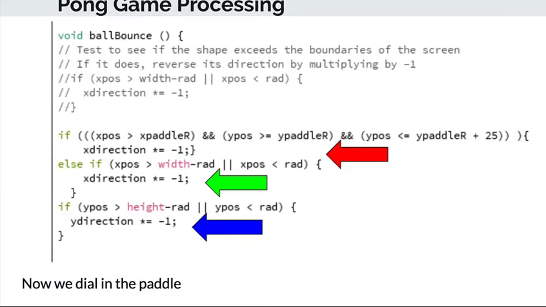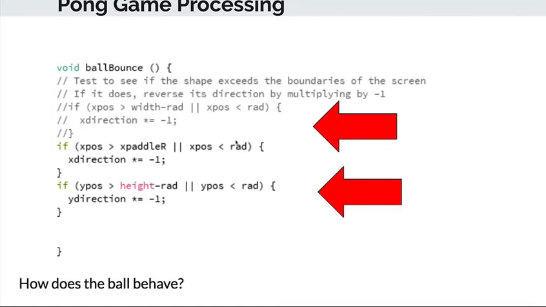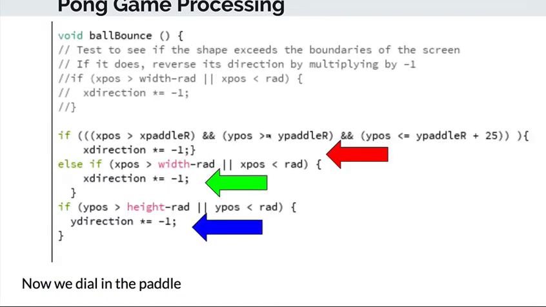This dials it in a little bit more. This says if X position, which stands for the ball, is greater than X position of paddle R, and the Y position, now we're going to consider Y. Last screen we were just looking at the X. Now we're considering Y. Is that also greater than or equal to Y paddle R, and Y position is less than or equal to Y paddle R plus 25.